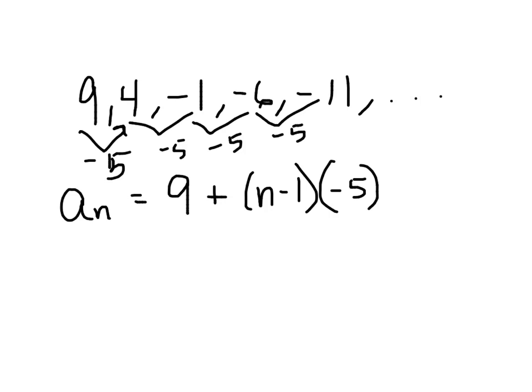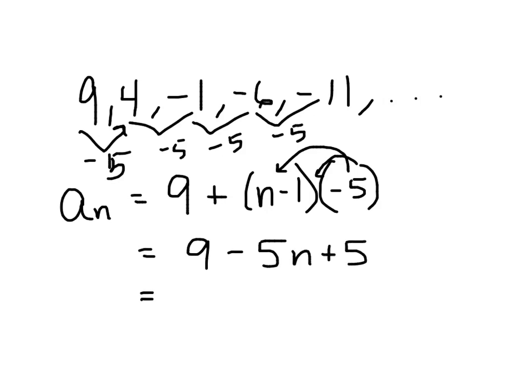Another thing some colleagues do is distribute this out and have negative 5n and plus 5, and they simplify that to be 14 minus 5n, which is another acceptable way. This is acceptable, and this is acceptable, depending on who your professor is and what they officially want, whether they want it multiplied out and simplified or left as is.